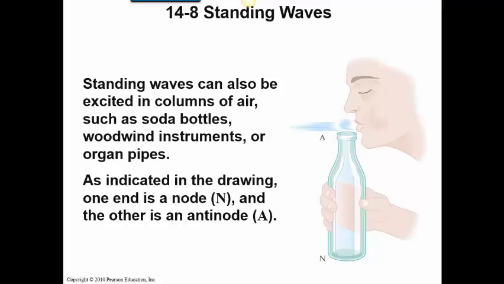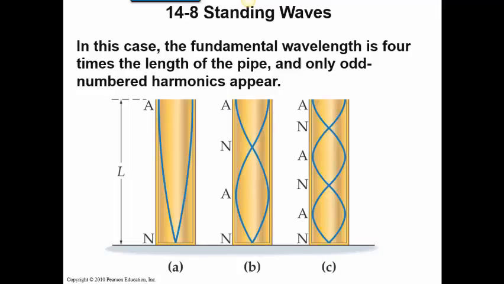Standing waves can also be excited in columns of air, such as soda bottles, woodwind instruments, or organ pipes. As indicated in the drawing, when a pipe is closed on only one end, there is a node, N, at the closed end, and the other open end is an antinode, A. In this case, the fundamental wavelength is 4 times the length of the pipe, and only odd-numbered harmonics appear.